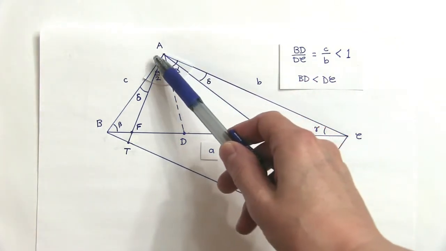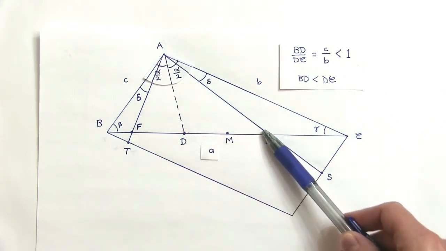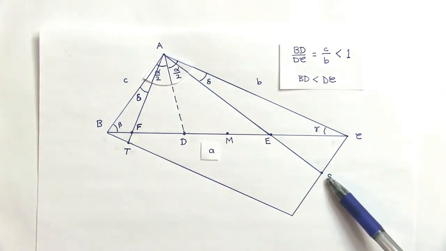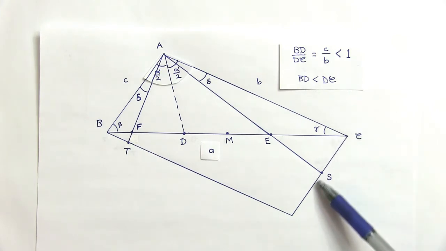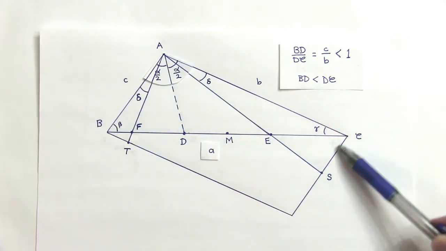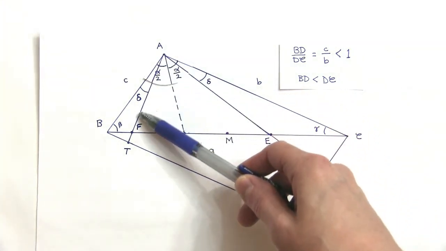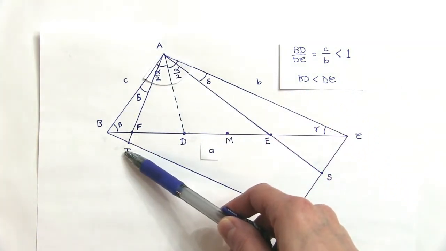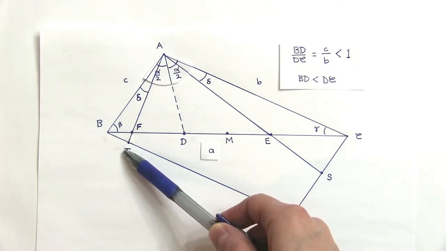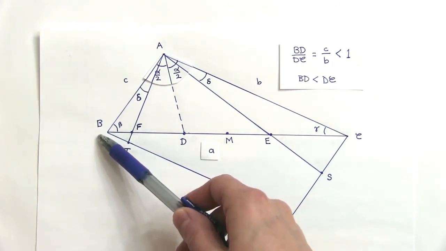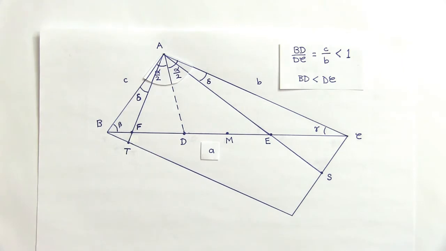And then I've extended the segment AE all the way to here, to the point S on this parallel side, and I've extended the segment AF all the way to here, to the point T on this parallel side here.